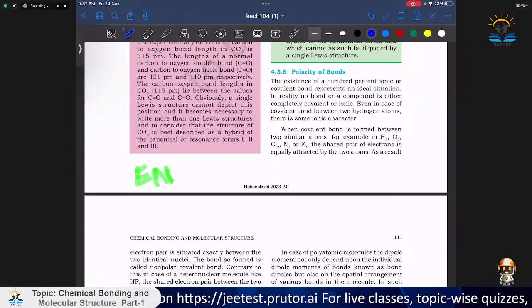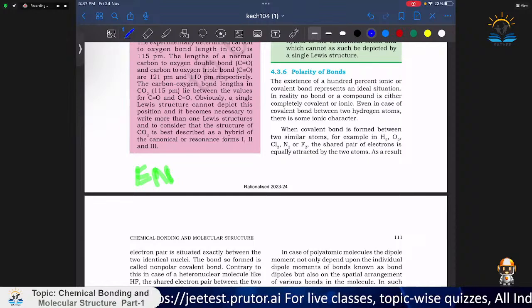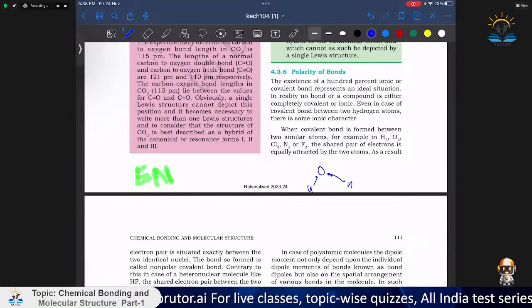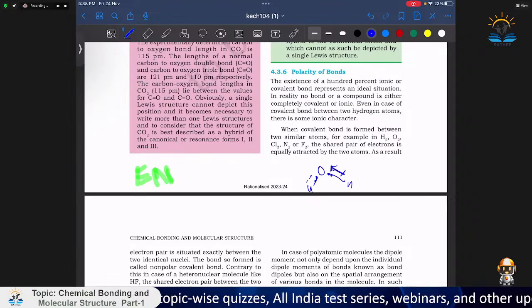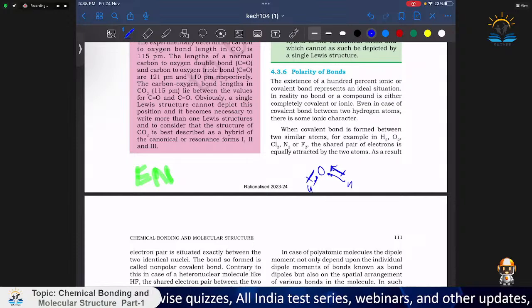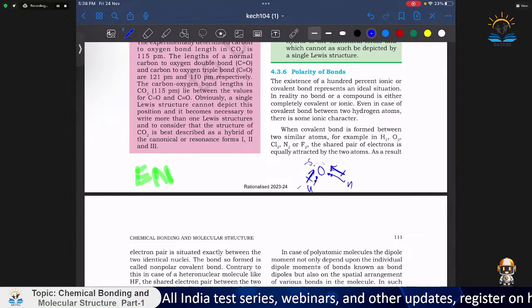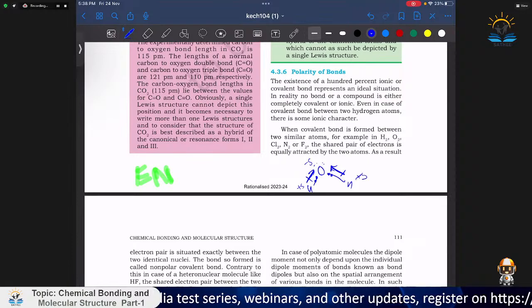The hydrogen is less electronegative, oxygen is more electronegative. So the shared electron pair tends to move towards oxygen and the dipole moment is towards oxygen. Oxygen has a partial negative, hydrogen has a partial positive charge.